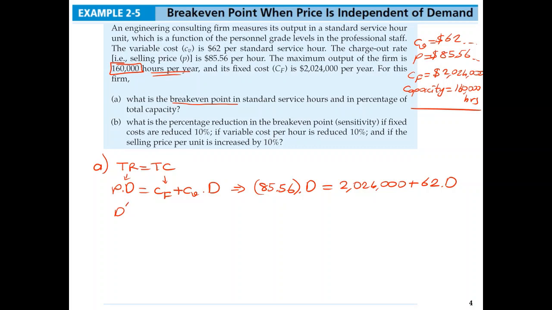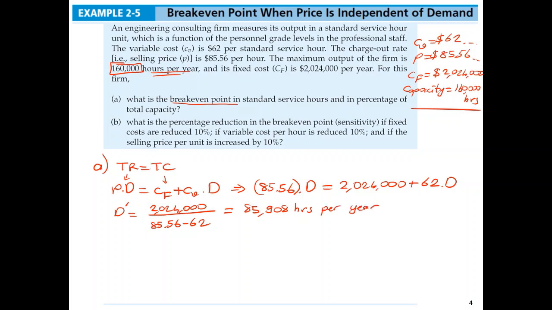If we denote the break-even point with this D prime, simply you will have 2,024,000 divided by 85.56 minus 62, and you will obtain 85,908 hours per year.